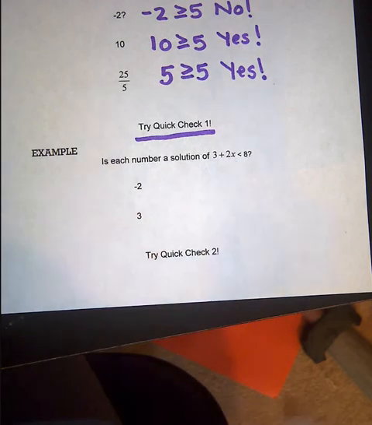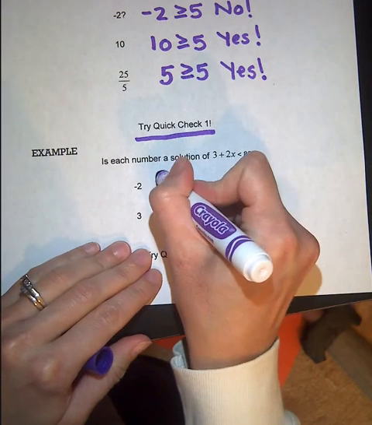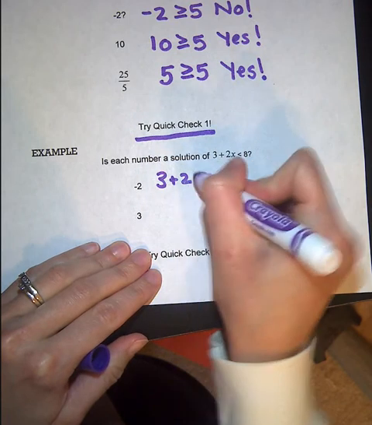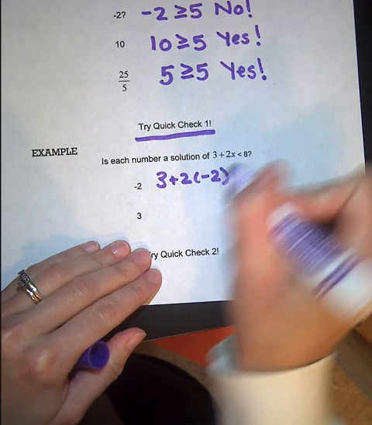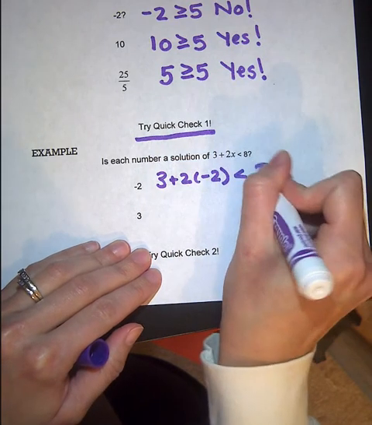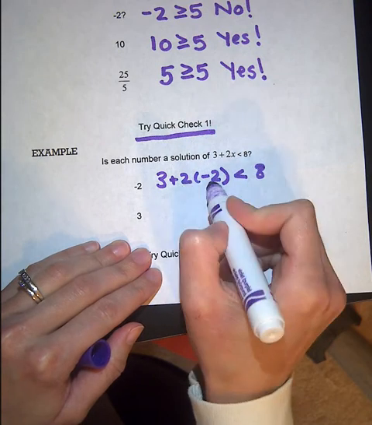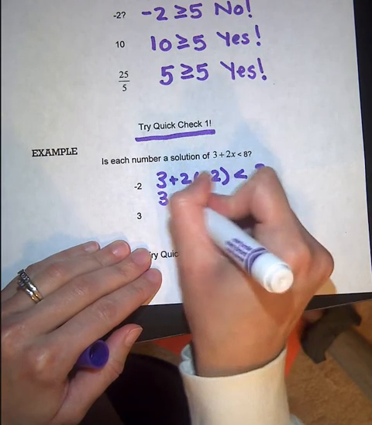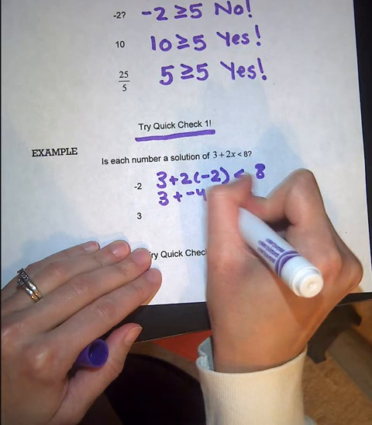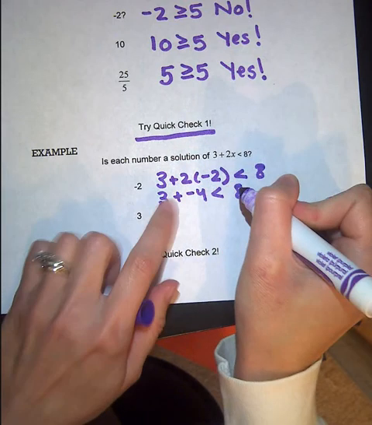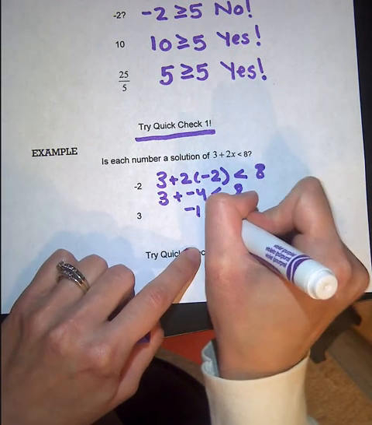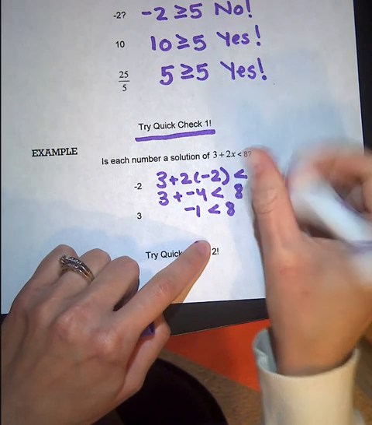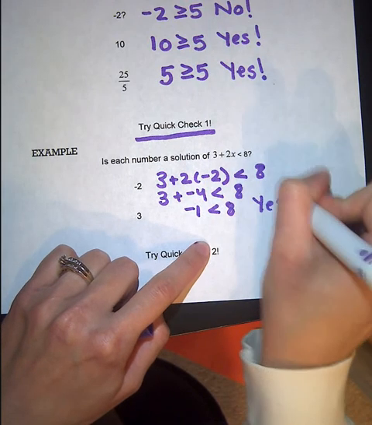So I'm going to say, does 3 plus 2, now I'll put -2 in parentheses, is that less than 8? I'm going to do 2 times -2, which is -4. So is 3 plus -4 less than 8? 3 plus -4 is -1. Is -1 less than 8? That is a yes. -1 is less than 8.